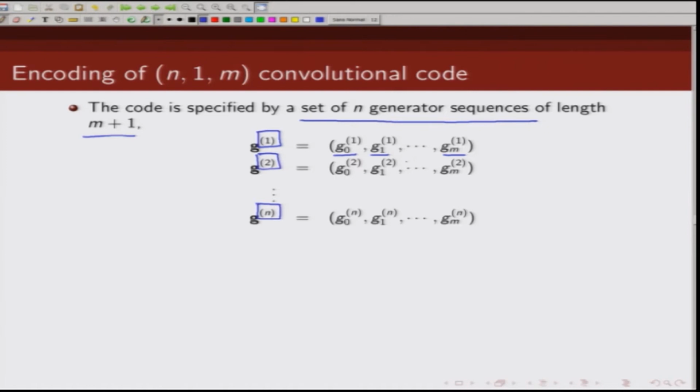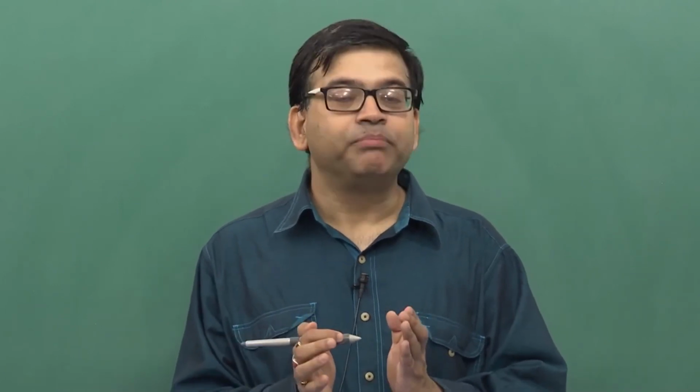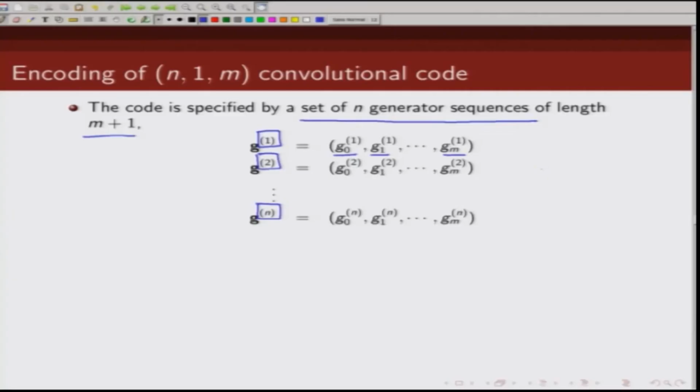Now, note that the memory order of our convolutional encoder is m. Let us take an example, m equal to 2, that is, memory order 2. This is my input u_l, and my output I can take from some interconnections.